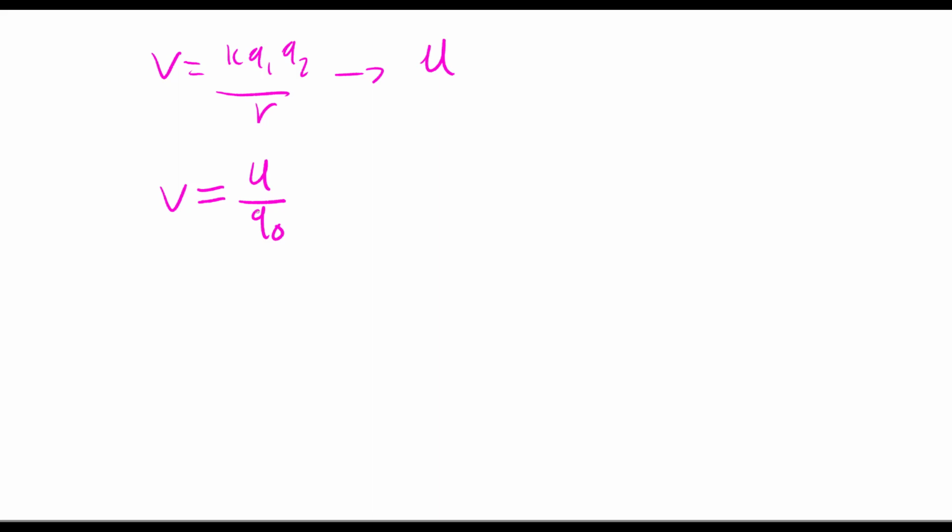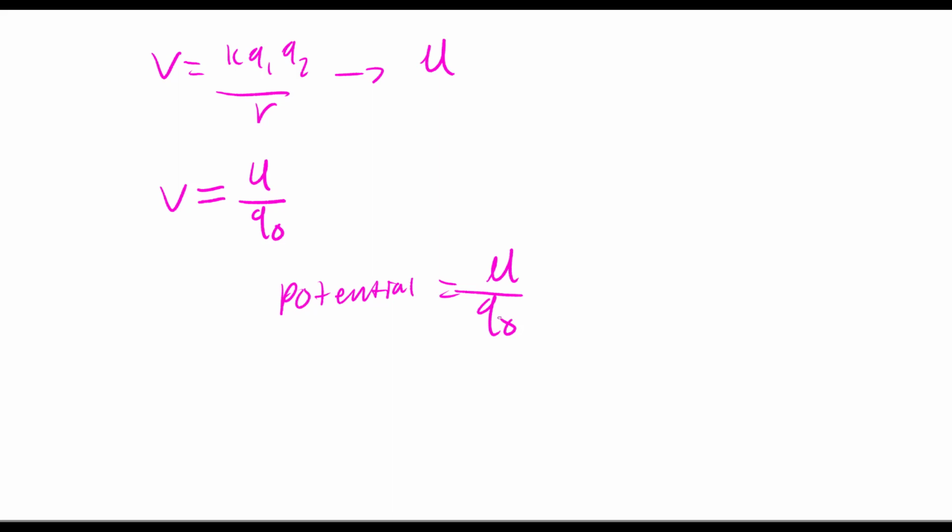So it's very important for you to know that electric potential is going to be equal to U divided by Q sub naught. If anything, you just need to remember that equation, all right?